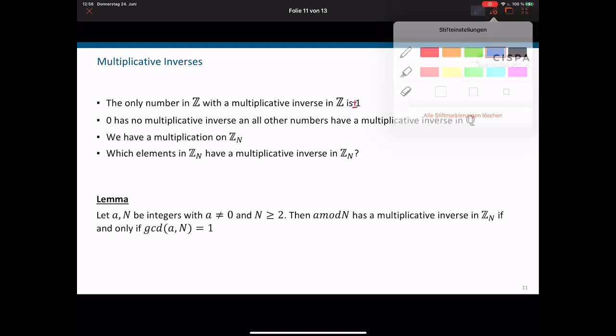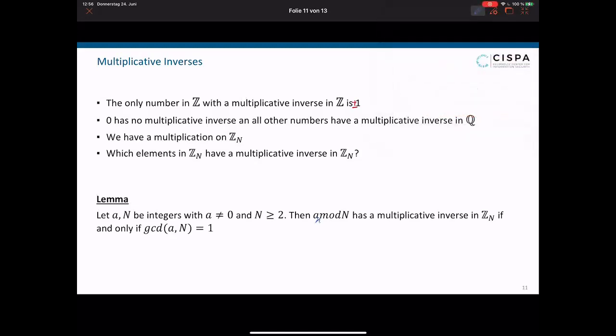So again, let a and n be integers, where a is non-zero. I wouldn't even have to require that, and n is greater than or equal to 2. Then a modulo n has a multiplicative inverse in Zn if and only if GCD of a comma n equals 1.